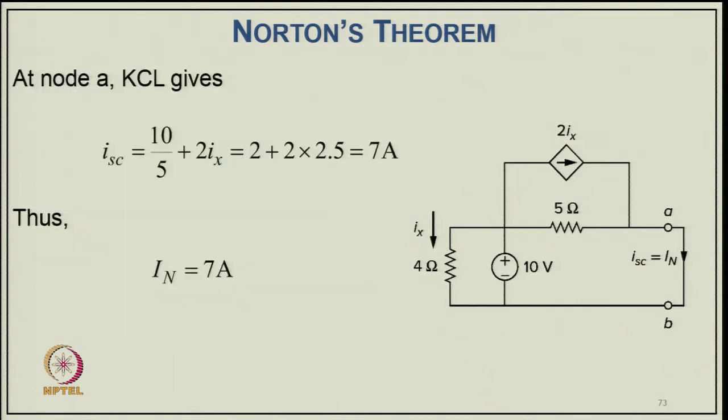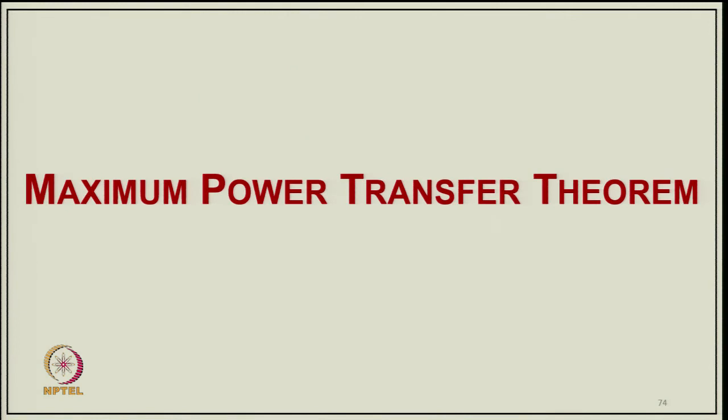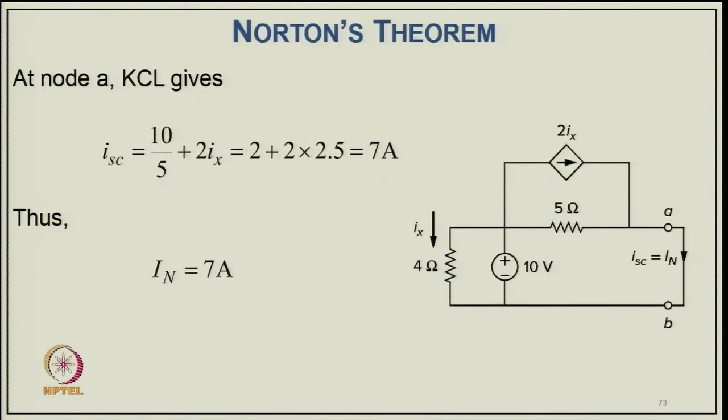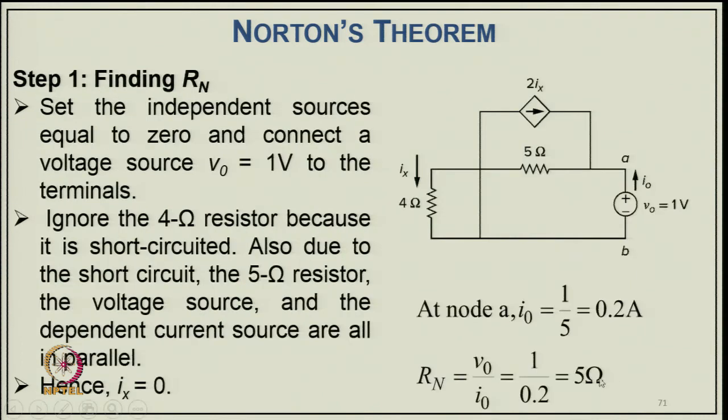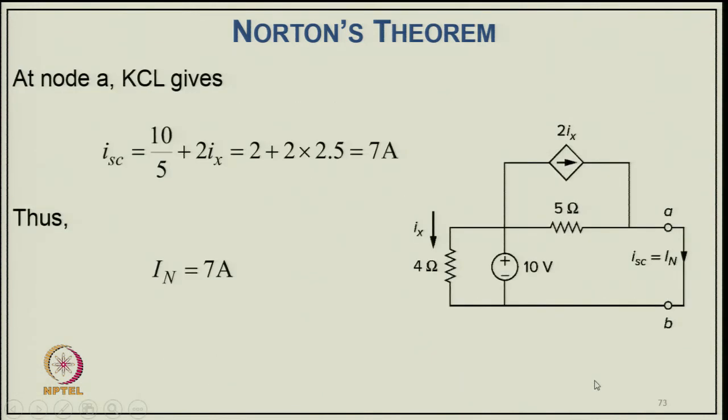So, ISC will be 10 by 5 plus 2 Ix, this current and this current. That will be 2 plus 2 into 2.5, that is 7 ampere. So, IN is 7 ampere, and that is the Norton equivalent: 7 ampere with a parallel resistance of 5 ohm.